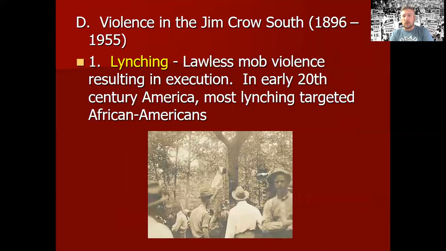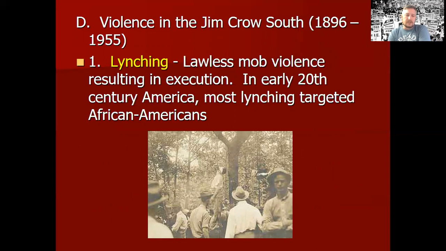As you can tell here, the next few slides are going to be difficult to look at. We are going to talk about the violence in the Jim Crow South over a 60-year period, really starting from Plessy versus Ferguson up to the modern civil rights movement of the 1950s.